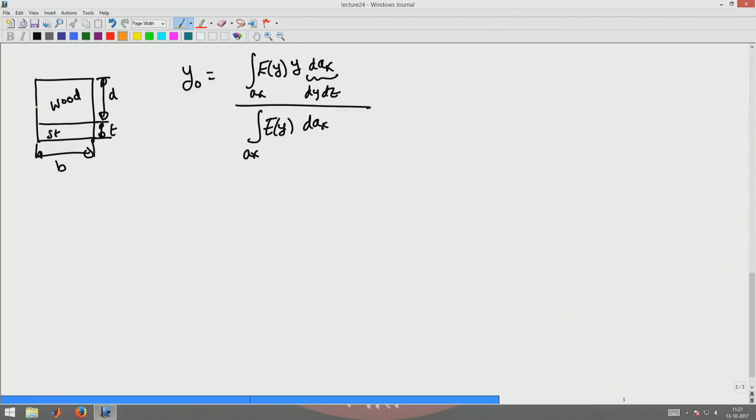Let me assume that the y and z of the cross section is measured from here, y and z. Now, I have to find y naught, which is given by that expression. Since these are integrations, I can decompose the area over which I integrate additively.